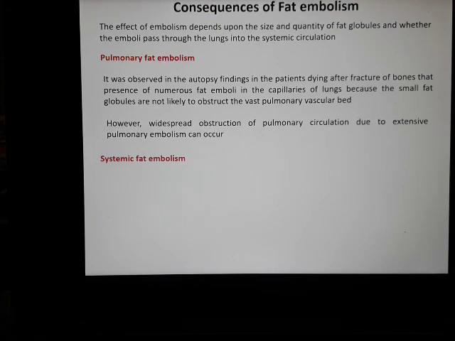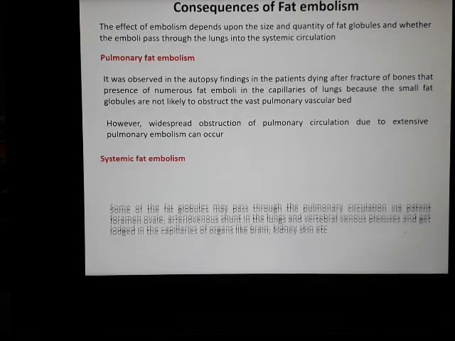But widespread obstruction to pulmonary circulation due to extensive pulmonary embolism may also occur. But if there are very small fat emboli, they will be lodged in the capillaries of the lungs.